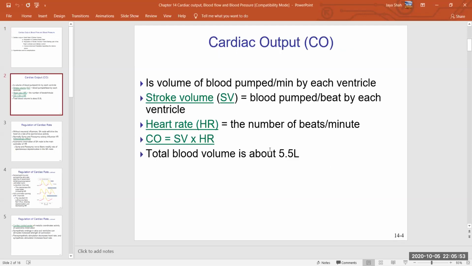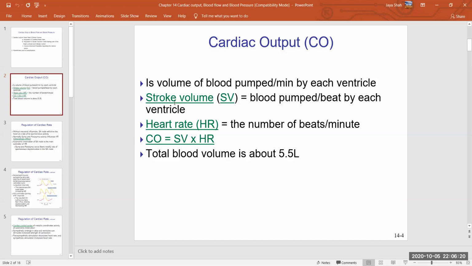So let's go over some terminology first. Cardiac output, CO, is the volume of blood pumped per minute by each ventricle. So the amount of blood pumped by each ventricle in 1 minute is called cardiac output.